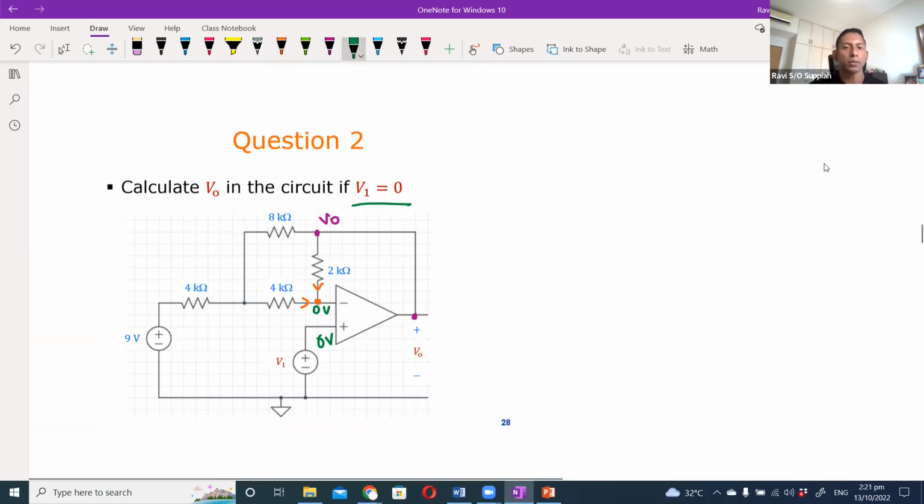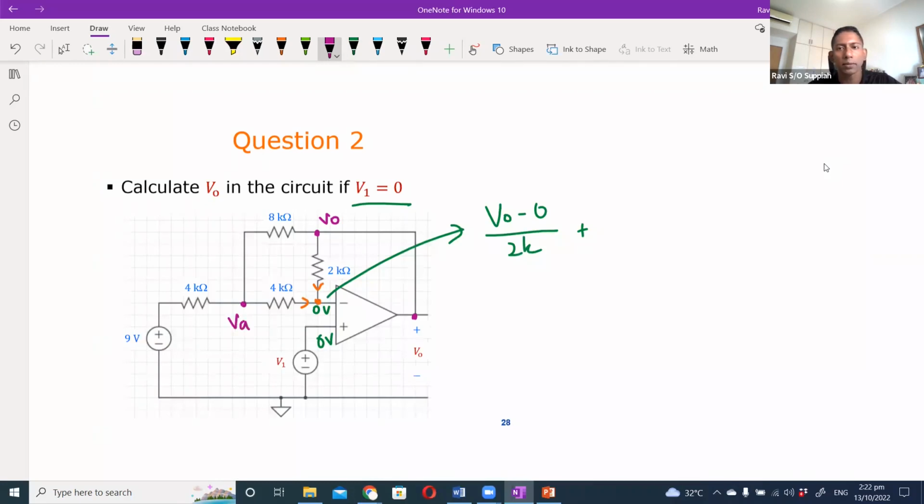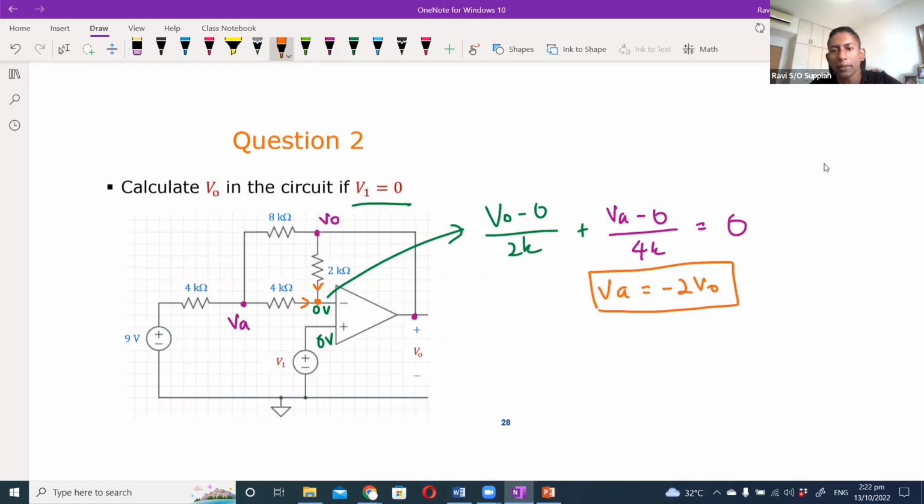For this particular node, the expression could be V naught minus 0 over 2k plus, and for this I need to define a node over here, so I can call this VA. So VA minus 0 over 4k equals 0. Once I have that, I can simplify this to say VA is minus 2 V naught. So that is one expression.